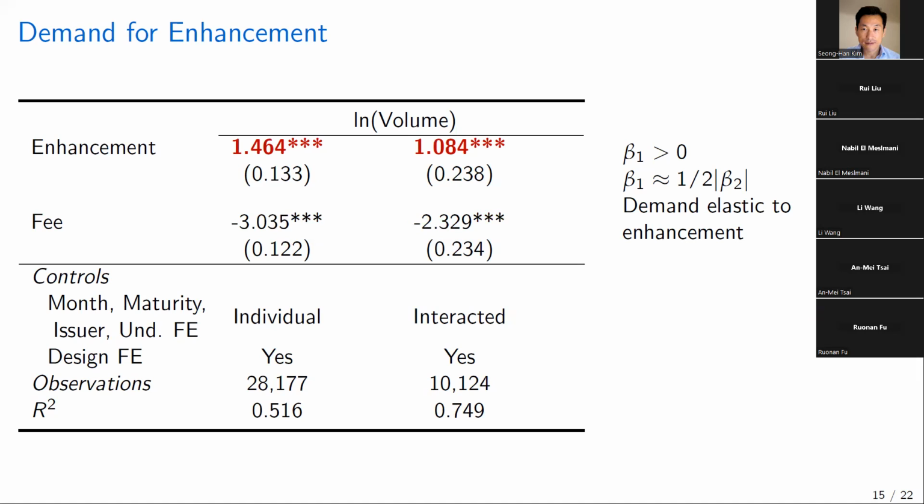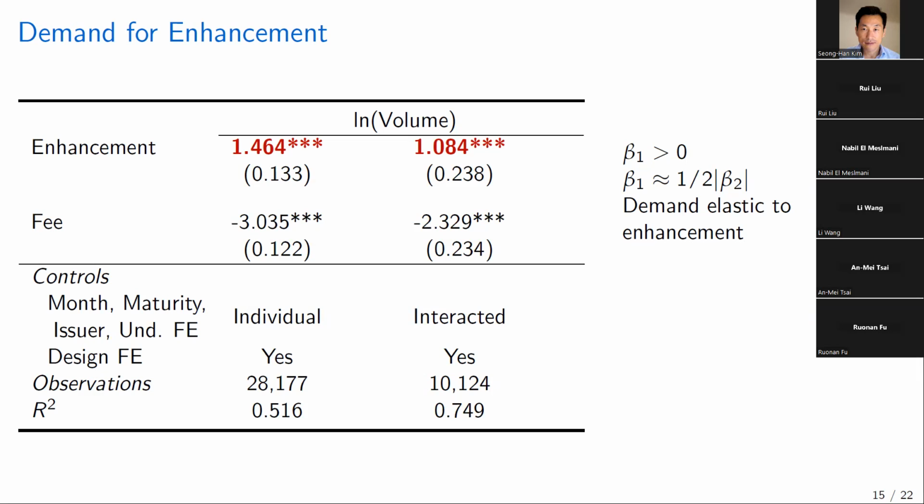In terms of magnitude, the size of the coefficient is about half of the size with respect to fees. And because both of these measures are expressed as annual percentage rate, the coefficients are comparable. So based on my estimate, demand is about half as sensitive to enhancement as it is with respect to fees.